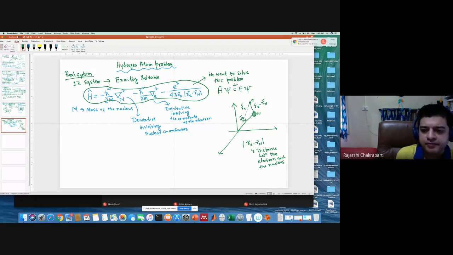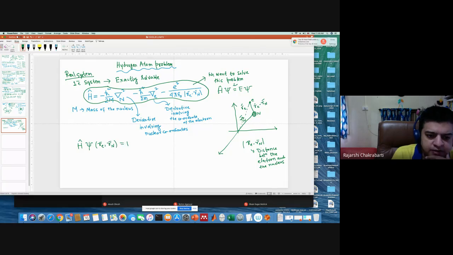Fine? Up to this should be fine. Any question so far? So let me write down the Schrodinger equation which I want to solve. This is the Hamiltonian, I'm not writing it again. H operating on psi. Now this wave function should depend on what? In principle, it should depend on electronic coordinates and nuclear coordinates.